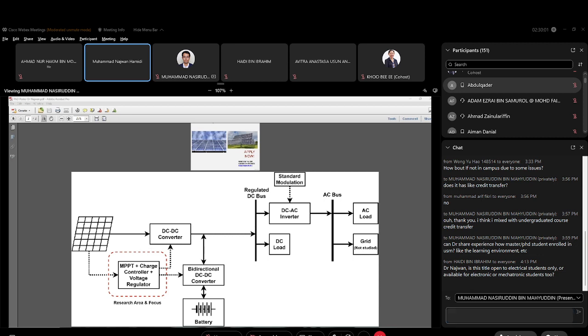Of course it can be taken by electronic and mechatronic students as well because the concepts of converters are basically similar to the electronic system as well. But in the initial stage, you might need to learn a lot.